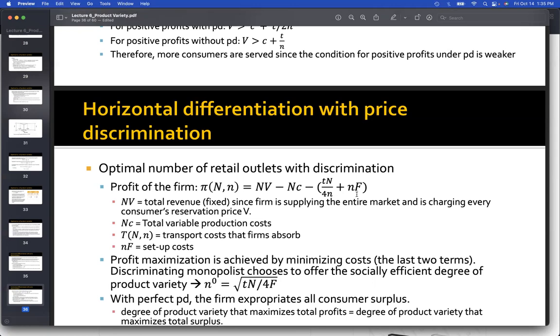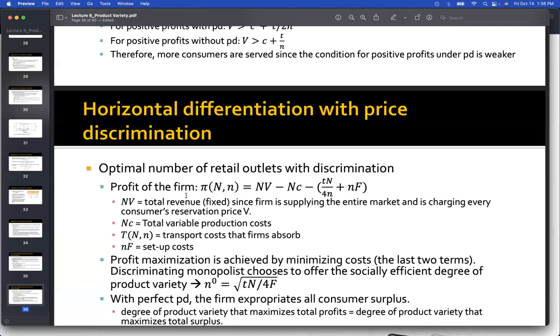So if you notice, what's different here is that price is no longer a function of N. Why? Because we have uniform pricing. Okay, uniform delivered pricing. Everyone pays exactly V, so we get all of their willingness to pay. So there's no further benefit from increasing the number of stalls, at least from the price side. Of course, the whole problem here is trying to figure out how many stalls there ought to be, right?